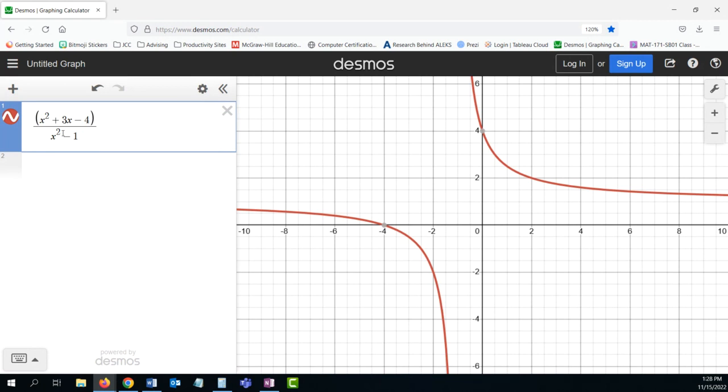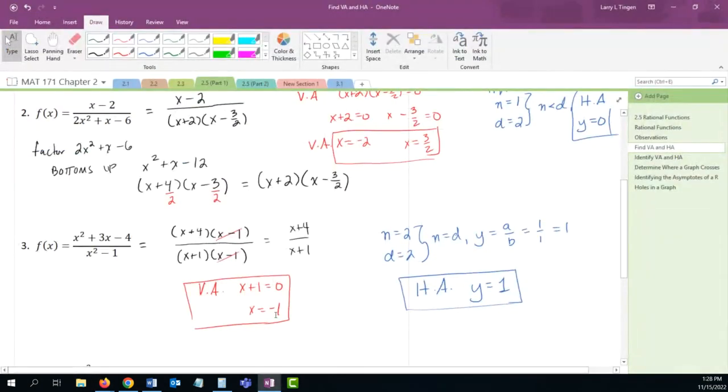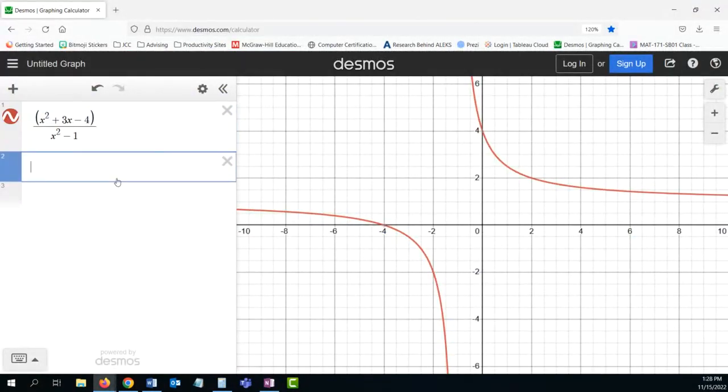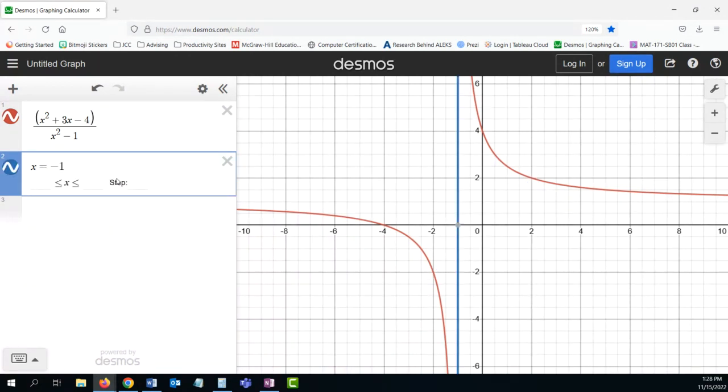Everybody agree to that? The vertical asymptote was x equals negative 1, so let me plug this in. I'm going to write this line: x equals negative 1.